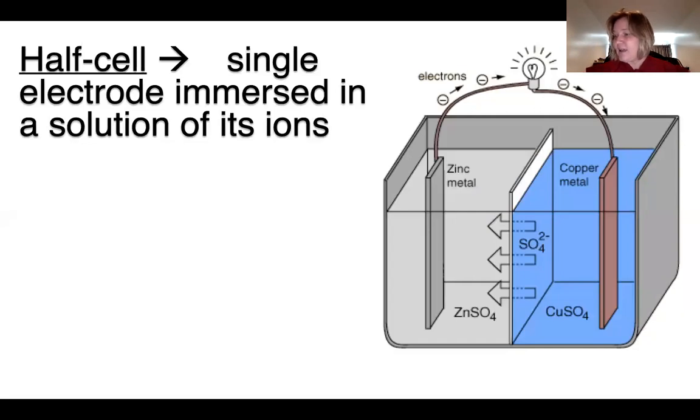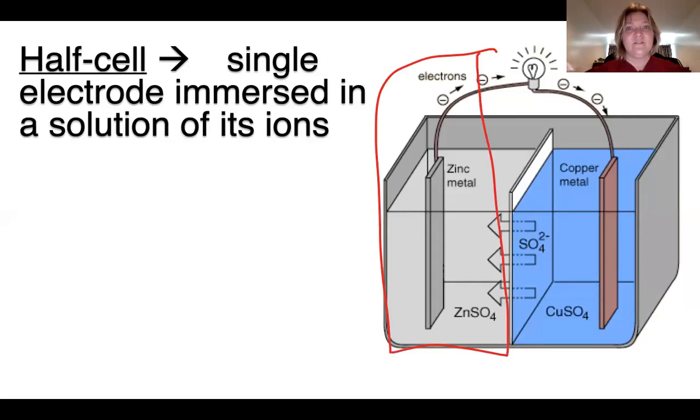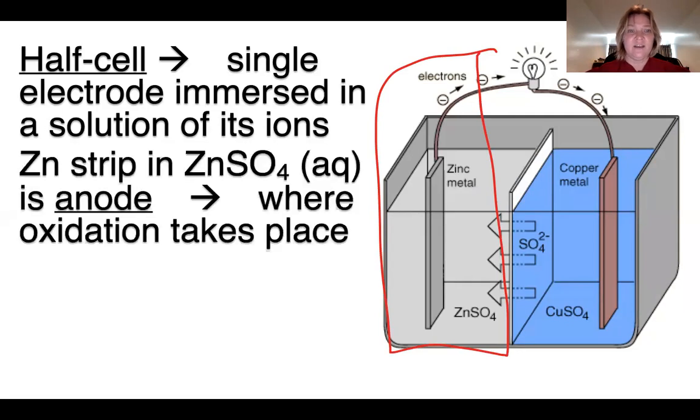Now, if we take just half of it, this half is called a half cell. It's a single electrode immersed in a solution of its ions. In this example, the zinc strip in the zinc sulfate is called the anode. The anode is where oxidation takes place. A very easy way to remember this is that anode and oxidation both start with a vowel.